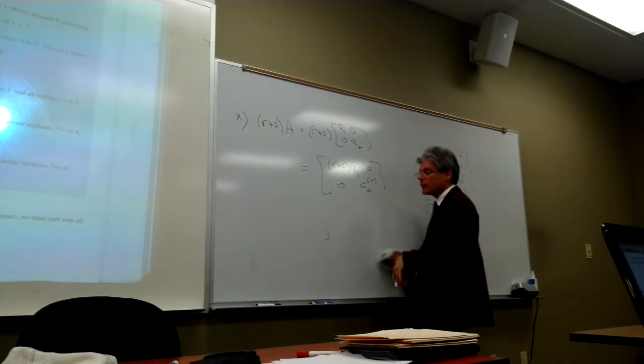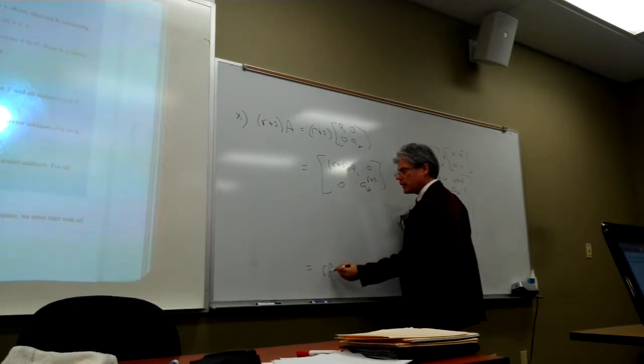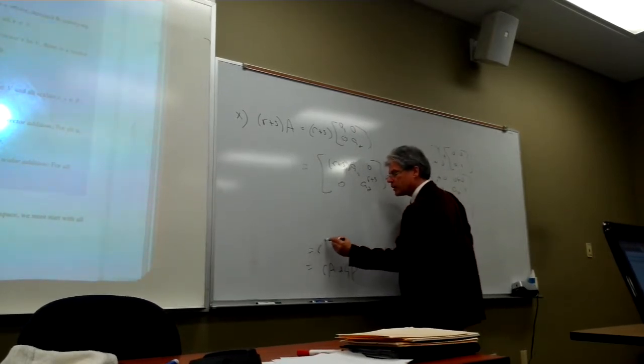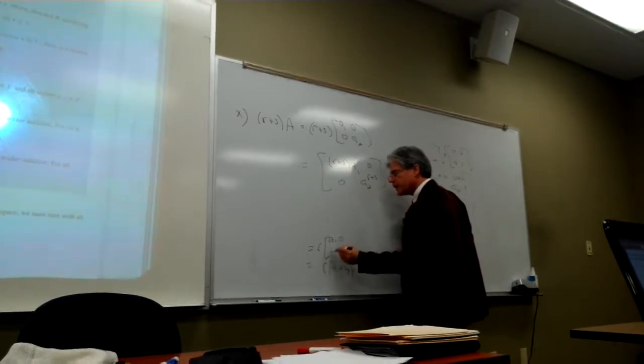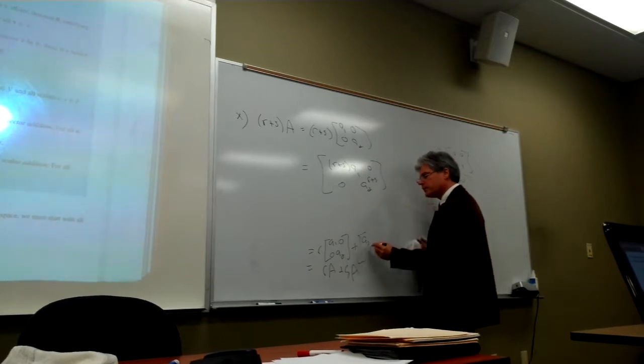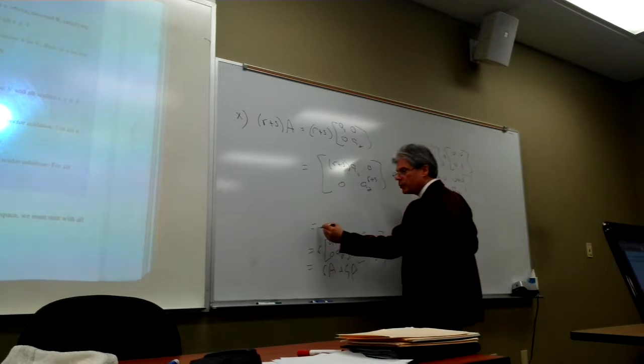Skip the rest. Let's come down here to RA plus SA, which by the way is nothing more than R times this alternative version of A, plus S times this alternative version of A. Now, walking backwards, let's multiply the R in.